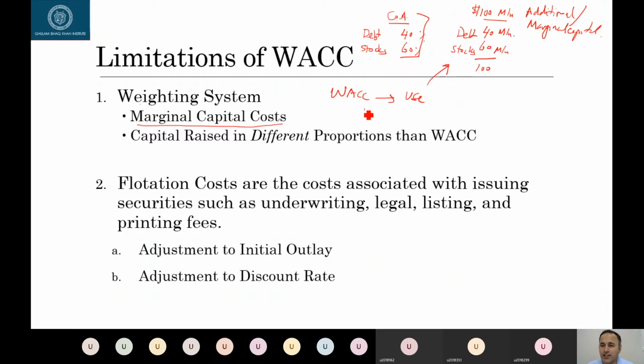If you raise the additional capital or the marginal capital in the same proportion, it doesn't affect the financial risk of that company, okay? Which means that you can use the same WACC that you already calculated, okay? Because if you are calculating WACC, of course, you are not taking the additional capital in consideration, because this is something for future. This is not something for now, this is something for future, okay?